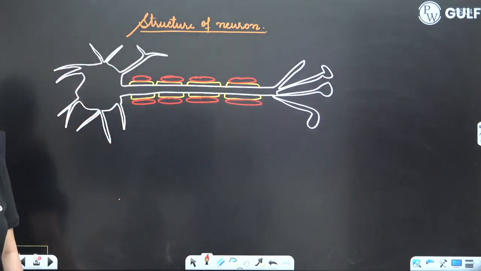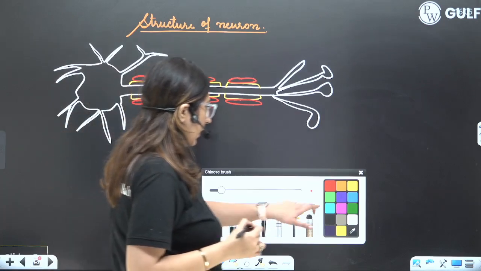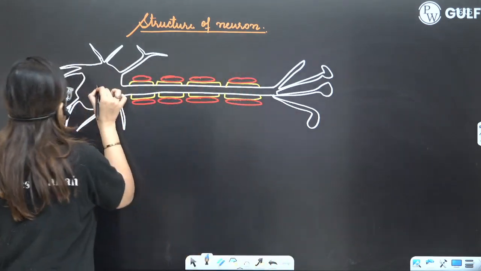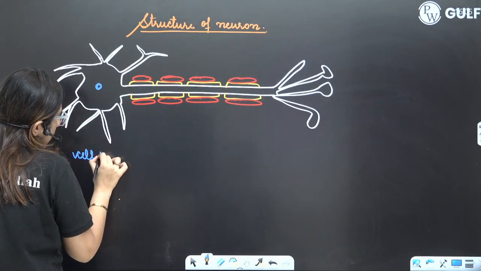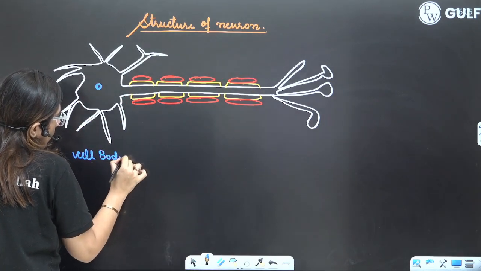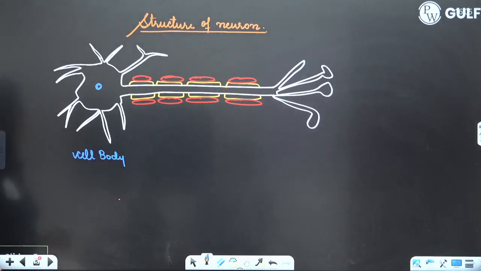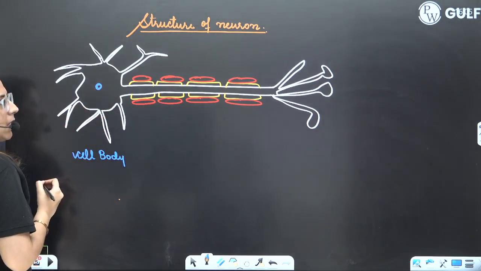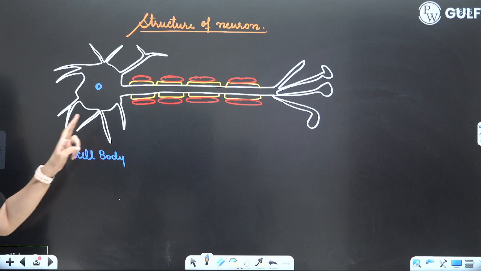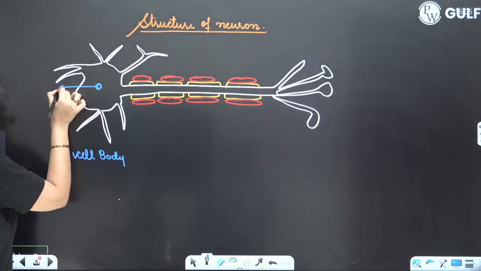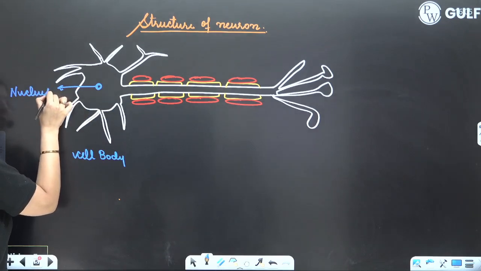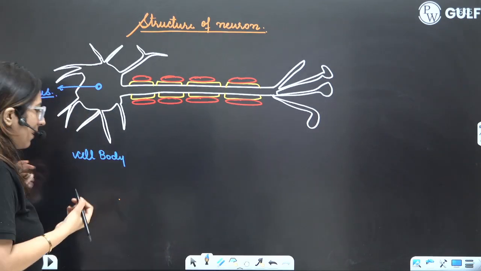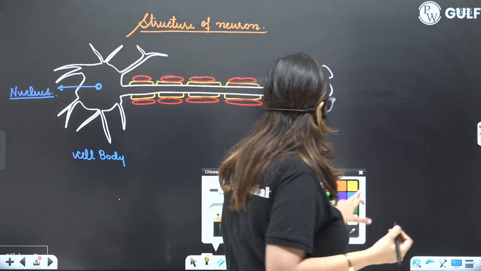Now let's talk about this neuron. Here in the neuron, you will see there is a cell body present. The whole structure is the cell body. In the cell body, you will see a nucleus is present. Because it's a living cell, definitely the nucleus should be present.